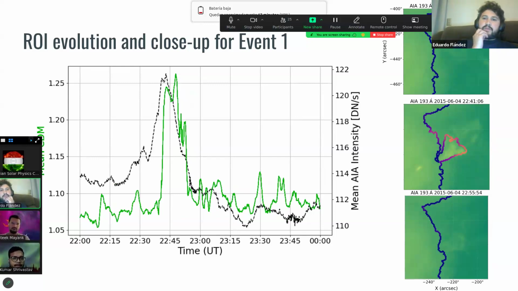Yeah, the question is that on one side, you know that the origin of coronal jets is magnetic reconnection. So when we analyze the change in the boundary, it's a geometric signature. So we are thinking, okay, if I see a geometric signature, can I identify a magnetic reconnection signature?